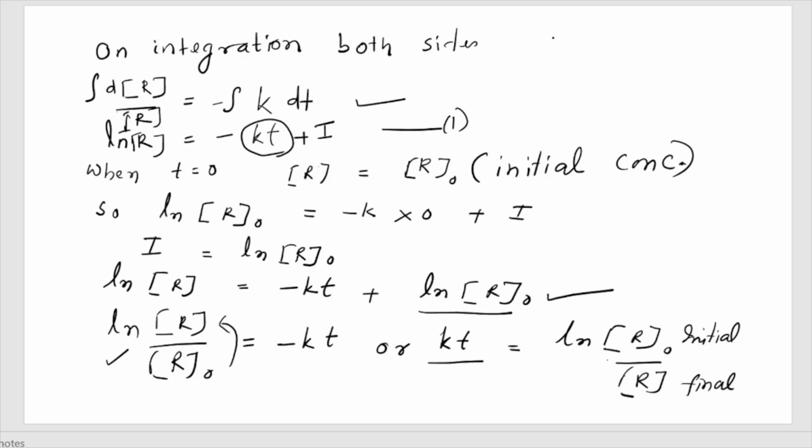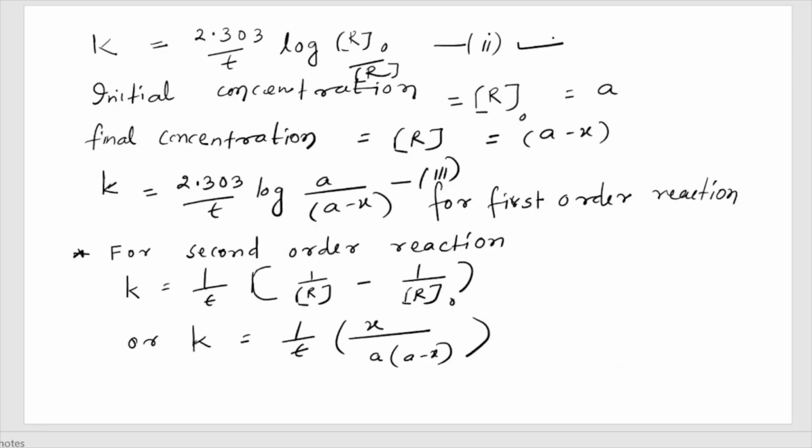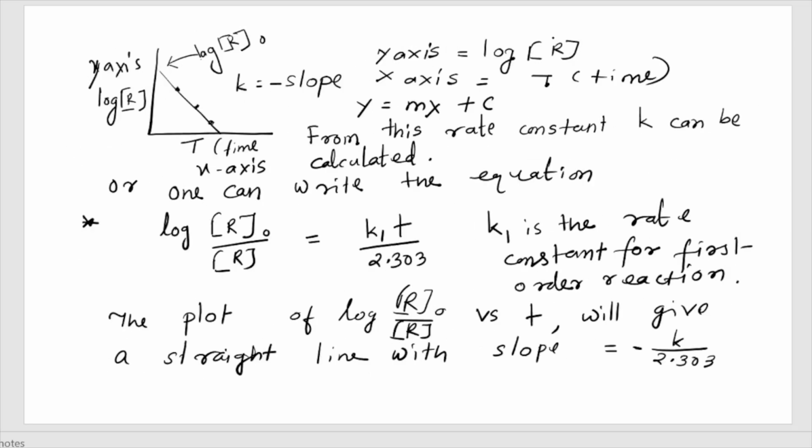If you remove ln, you put 2.303 log. So you will put k equals 2.303 by t log r0 by r. So what to do? Here you will draw the graph between log r and t.